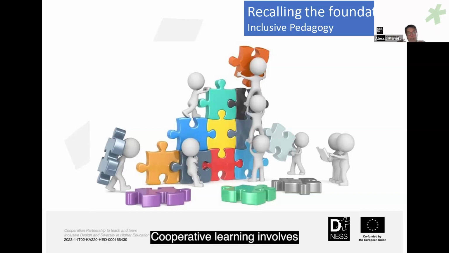Cooperative learning involves an emphasis on the diversity rather than the uniformity of instruction. It's not simply working in teams. It requires an active role as facilitator from the teacher and deep preparation and construction of the activities.